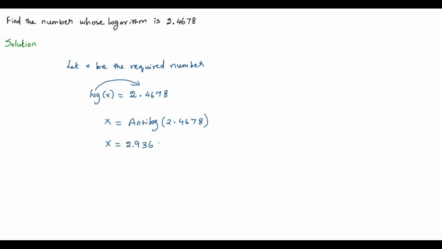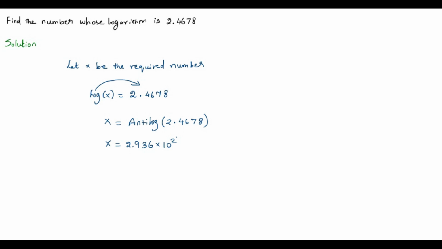Okay, whenever we get a value from the anti-logarithm table, it has to be multiplied by 10. Not only for this result, for any result we get from the anti-logarithm table. And for this 10, we always have to take the digit before the decimal as the exponent. In our problem, we have the digit 2 before the decimal. This 2 should be taken as the exponent of this 10. So these are the steps we always have to do for the value we get from the anti-logarithm table.